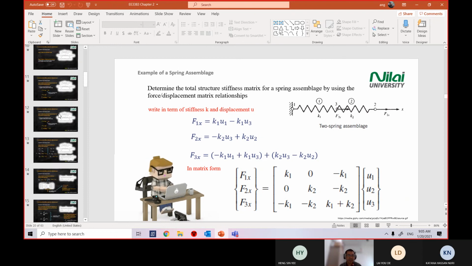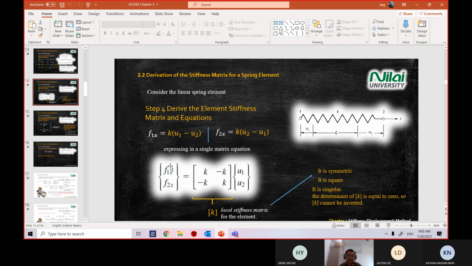And we already explained how we get 2 times 2 from these 2 equations. Go and read my slides. How do we know that we have 2 equations inside this matrix? Because we convert equation 1 that you see on the screen here into this format. This one also. That's why we have F1x, F2x on the left hand side, a stiffness matrix of 2 times 2, and we have 2 displacements, U1 and U2.